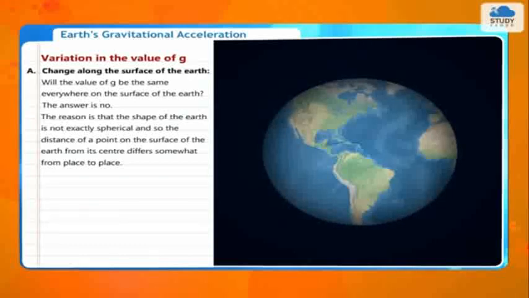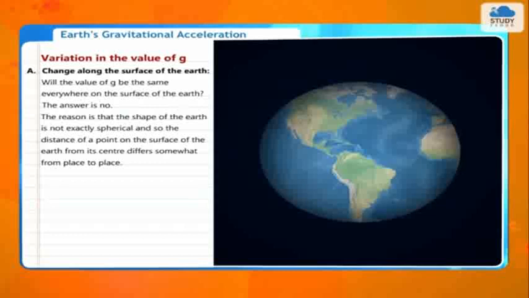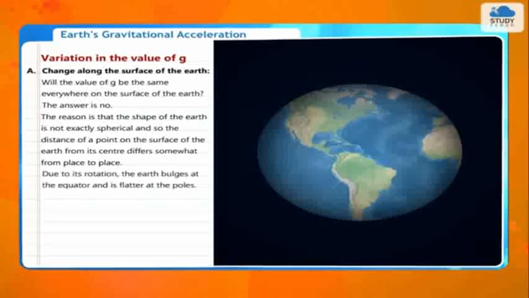The reason is that the shape of the earth is not exactly spherical, and so the distance of a point on the surface of the earth from its center differs somewhat from place to place. Due to its rotation, the earth bulges at the equator and is flatter at the poles.